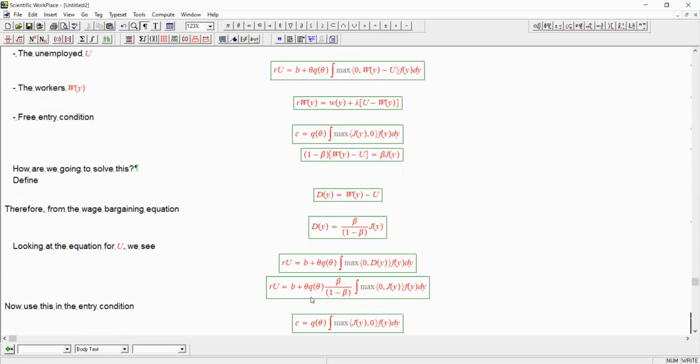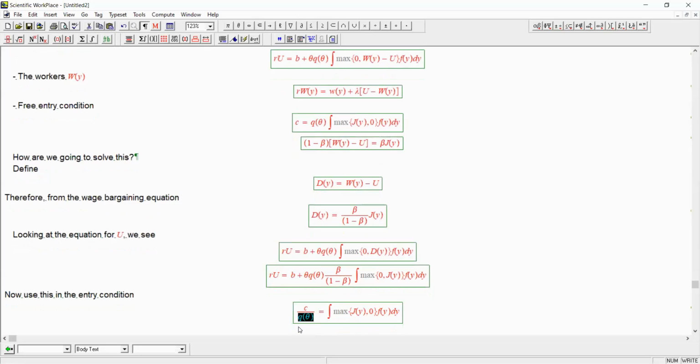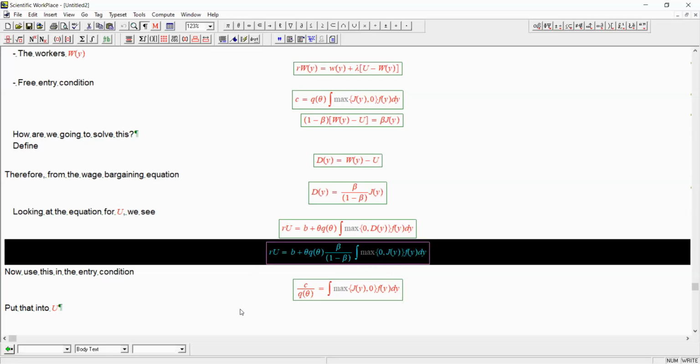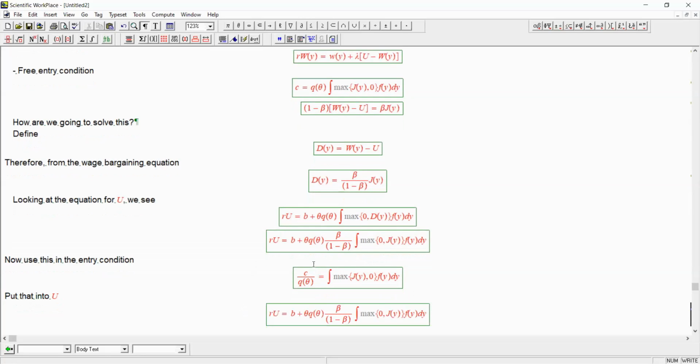We can write that in the following way. And we can put that into the equation for U to get something much simpler. This replaces this entire integral.